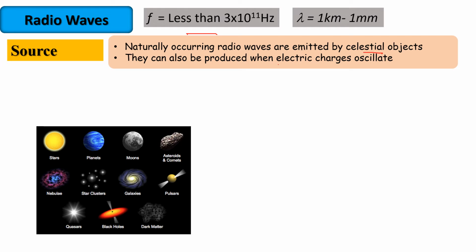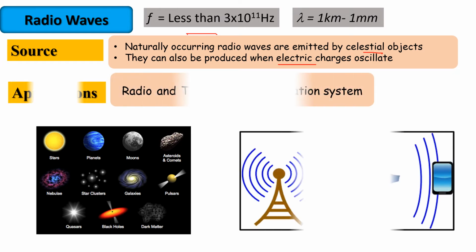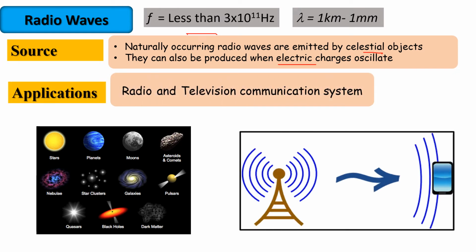However, they can be produced when electric charges oscillate. So applications now: because these have the longest wavelengths, 1 kilometer to 1 millimeter, they are used in radio and television communication systems.